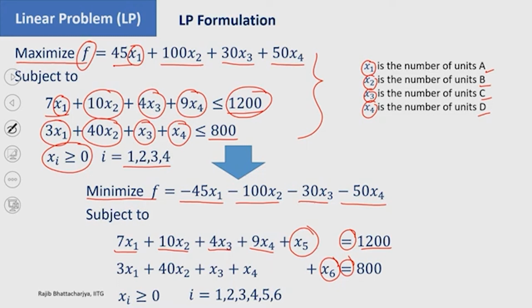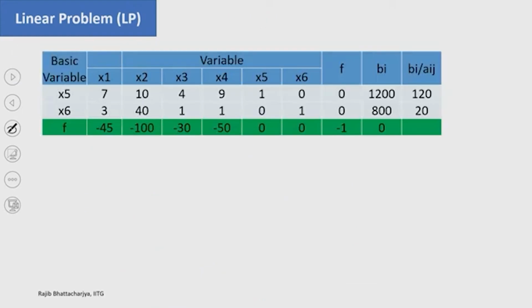If I put x1, x2, x3, x4 as 0, if I say that these are non basic variables and x5 and x6 are basic variables, in that case I can obtain an initial basic feasible solution, which is x5 equal to 1200 and x6 equal to 800 and x1, x2, x3, x4 are 0. So, they are non basic variables.